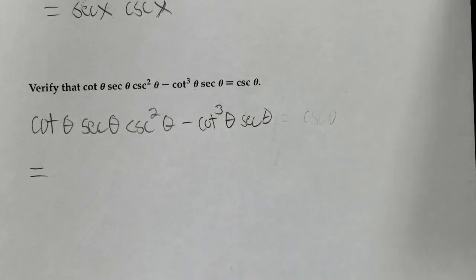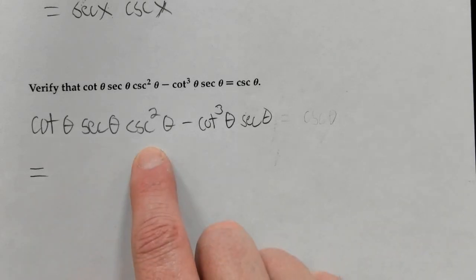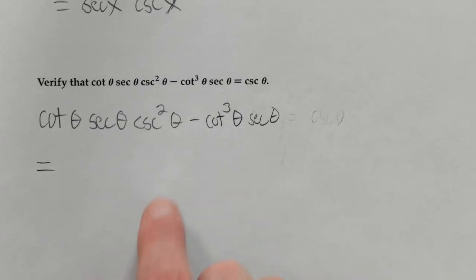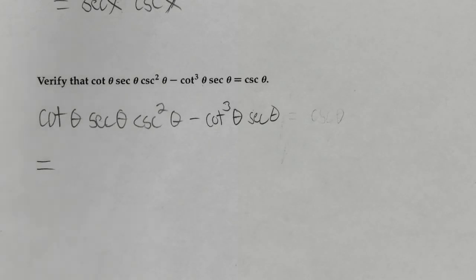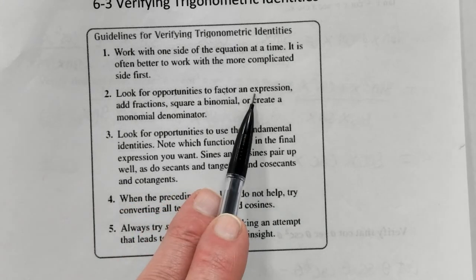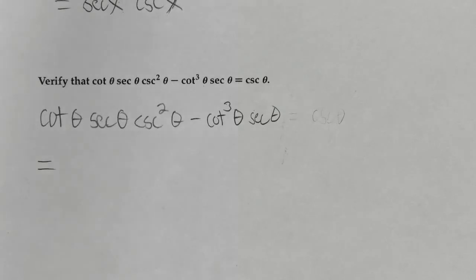You have to think through this one just a little bit to make sure that you're going down the right track. Remember, one of the guidelines is to see if you have an opportunity to factor out an expression, and we do have that opportunity here. Let me show you what I'm talking about.